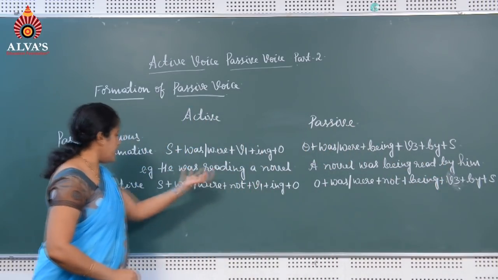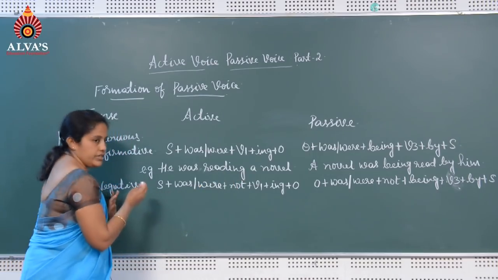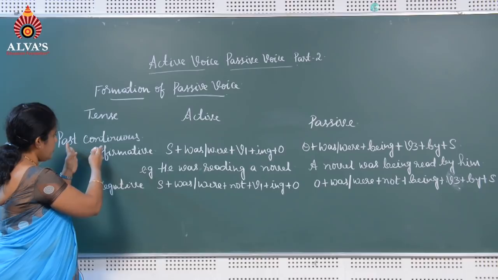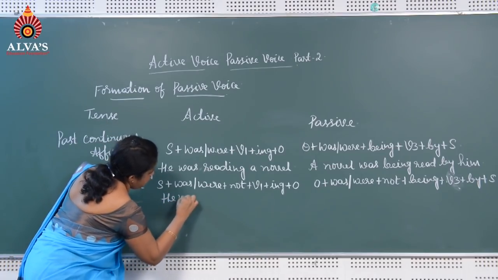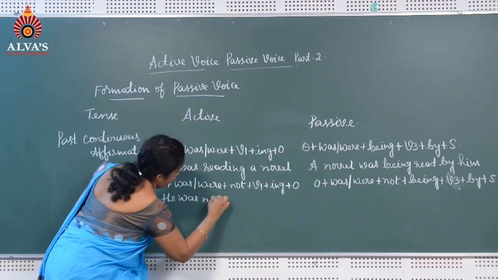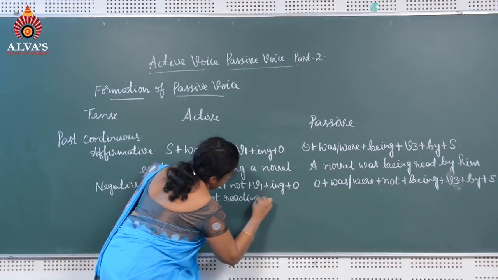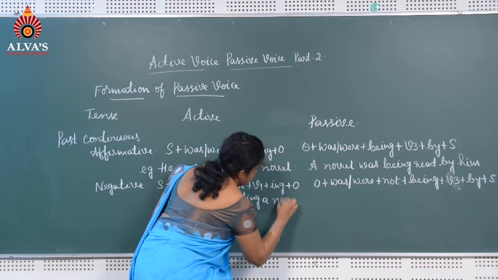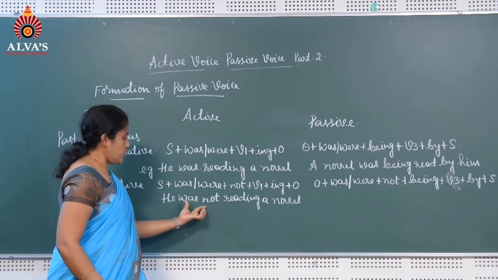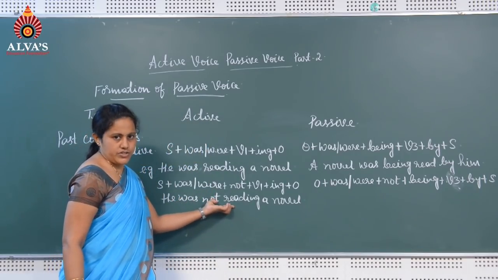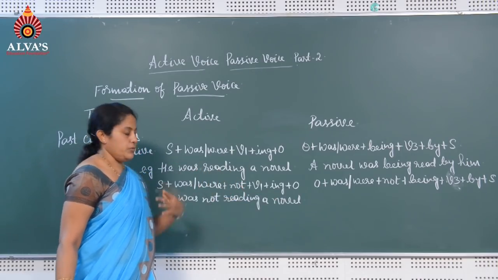So, if we take the same example, he was reading a novel. When we change from affirmative to negative, it becomes: he was not reading a novel. This is in active voice. Now, you have to change from active to passive.